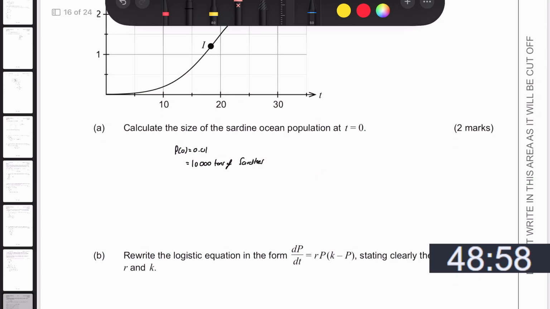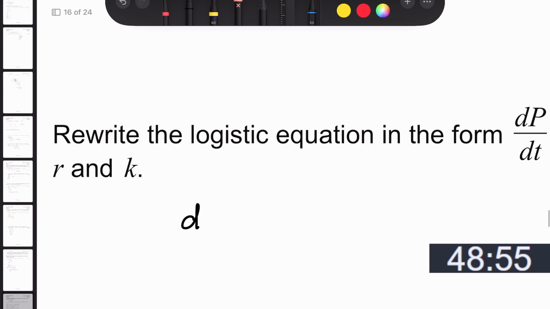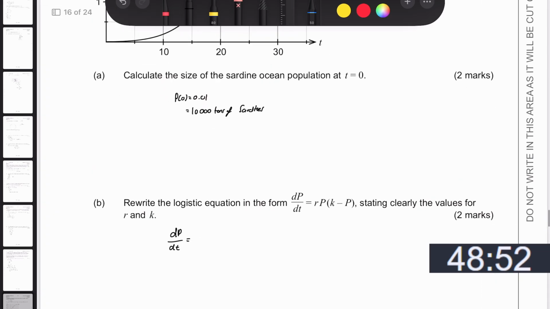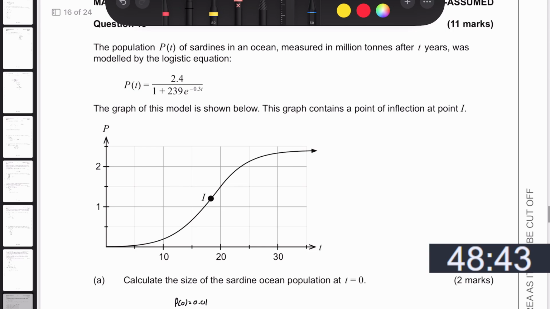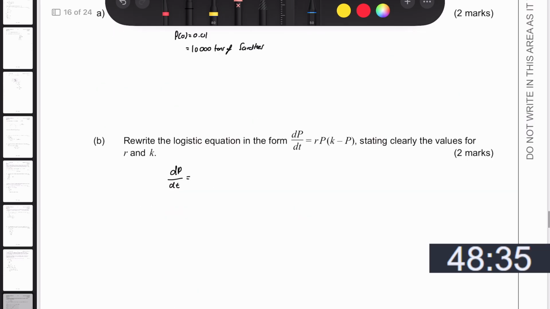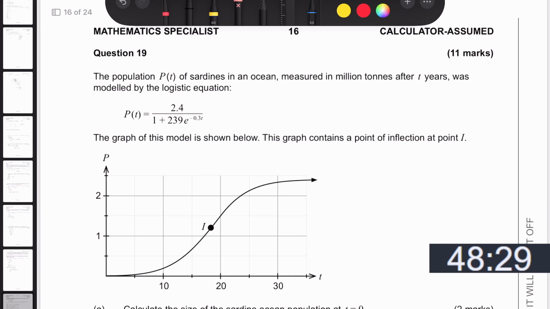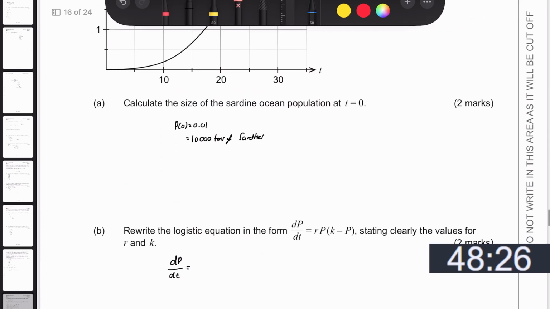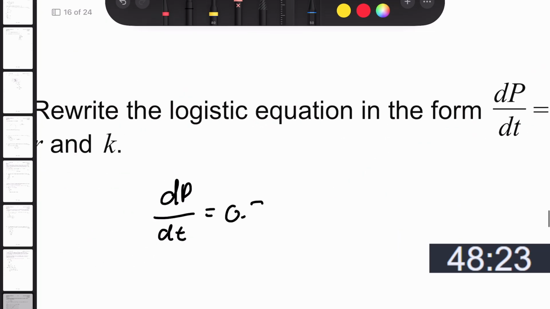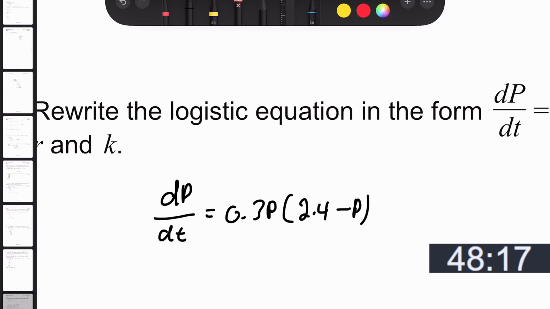Rewrite the equation using values of R and K, so then dP/dt is equal to R and K. I've forgotten how to do this. R of P. So is R just 0.3 P outside of 2.4 minus P?